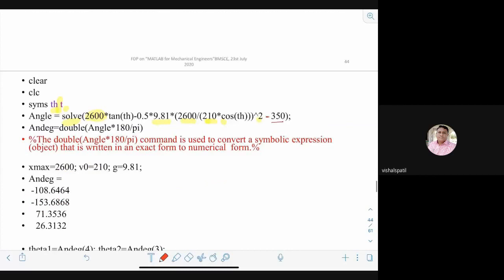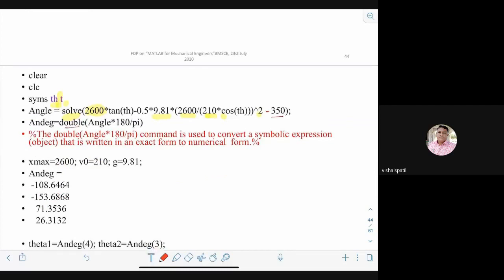I told you double is to get its numerical form. By taking double of this angle, you get the numerical values which can be used for your interpretation. But it is better to visualize this angle in terms of degrees rather than radians.